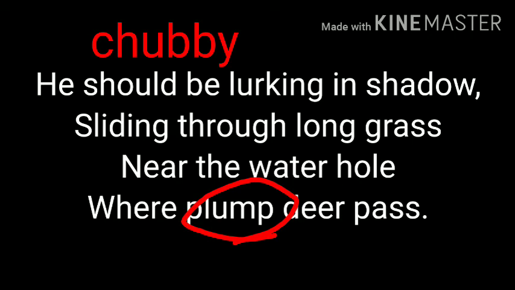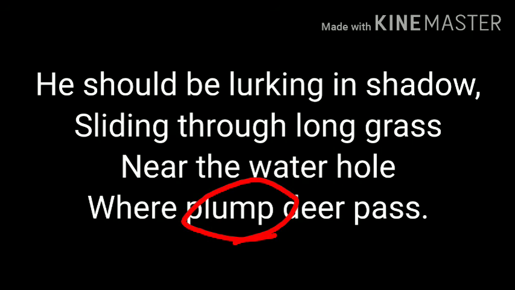Plump means chubby. So it should be the duty of the zoo authority to keep the tiger in its natural habitat so that it can live freely, live wildly, and catch its prey, mainly near the water pool where you find the long grasses and the shadows of the trees.